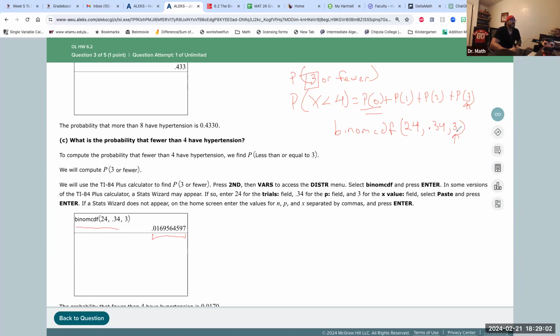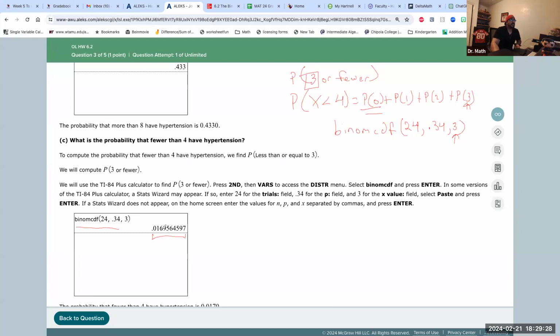So whenever it has "or fewer," like 3 or fewer or 5 or fewer, that means this value right here is going to be your X value. So that's why I always like converting it to this format. All right, so that's how you're going to be using binomial CDF and binomial PDF, just like my other video said.